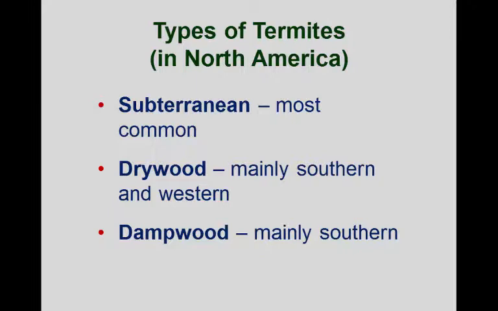What would be other sources of cellulose other than the wooden structure of the building? Pardon? Okay, the trees. So many of the trees that have that little lawnmower nick on them and have created some heartwood rot on the inside of it, yeah, that's perfectly good material for termites.